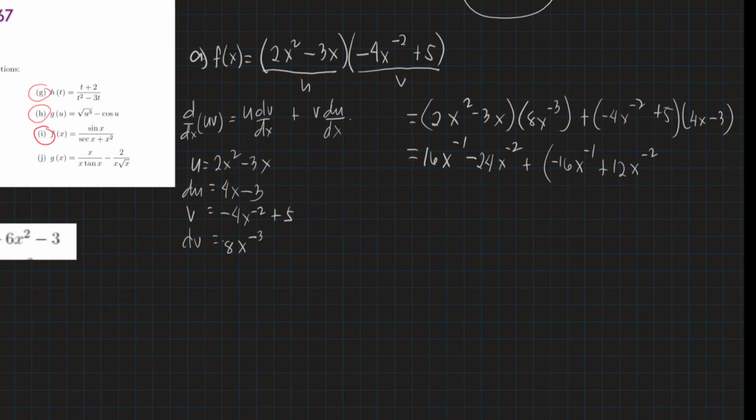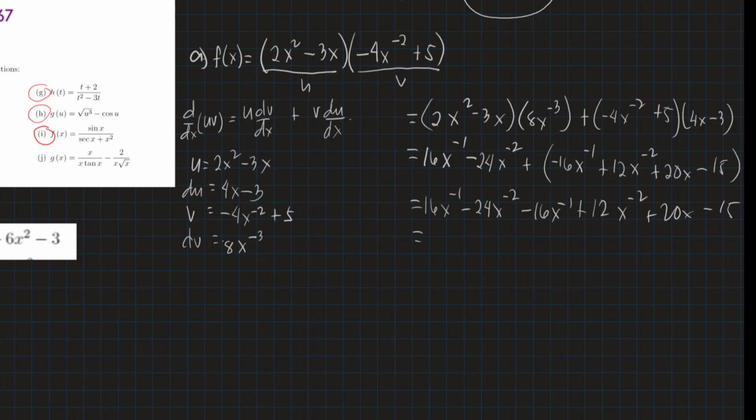Then this one is 20x minus 15. And then remove natin yung parentheses, magiging 16x raised to negative 1 minus 24x raised to negative 2 minus 16x to the negative 1 plus 12x raised to negative 2 plus 20x minus 15.